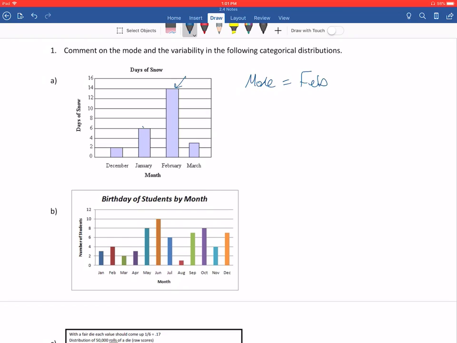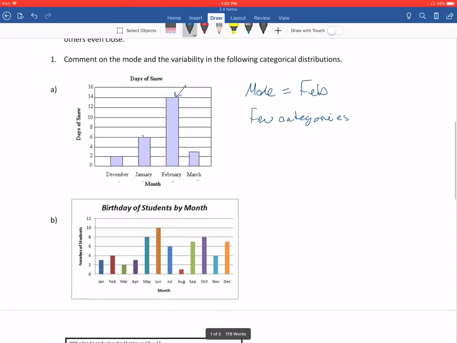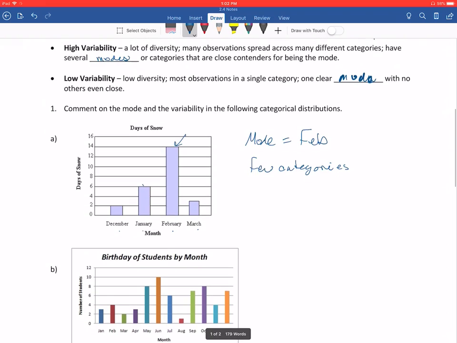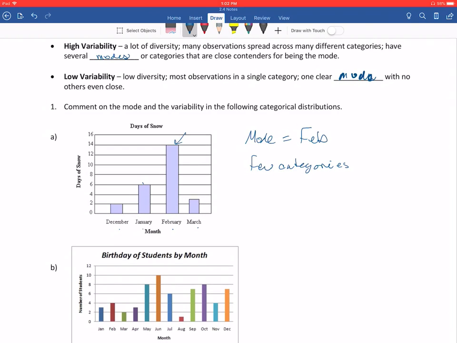So we do have one clear mode. And we do not have very many categories. We only have 4 categories that have any observations in them. So few categories with one clear mode. If we look back up here, that would lead me to say this is a low variability situation.